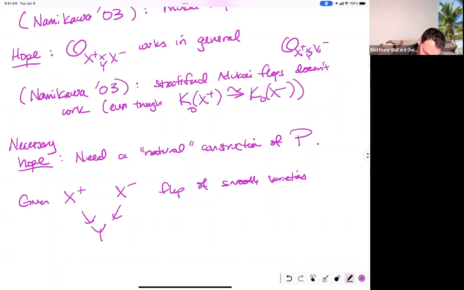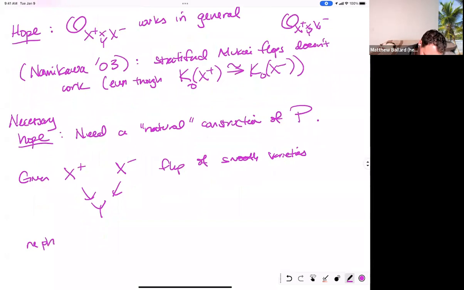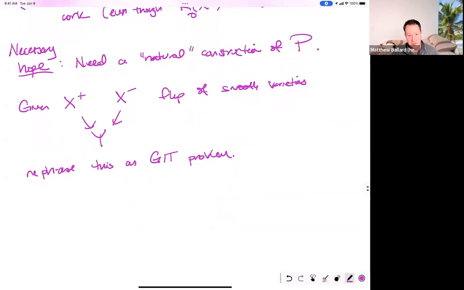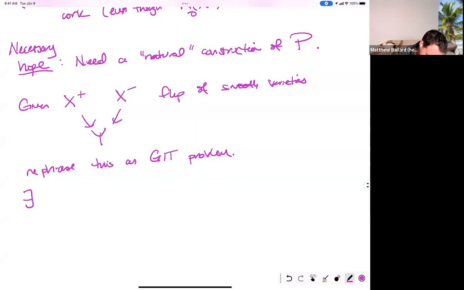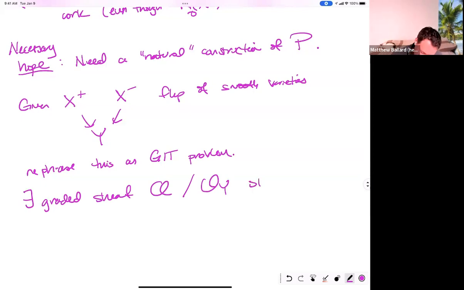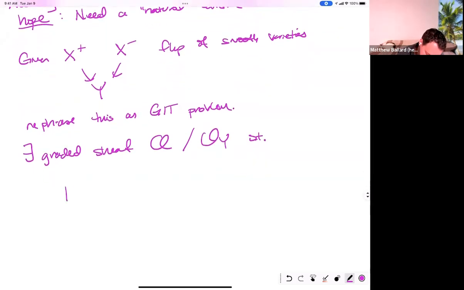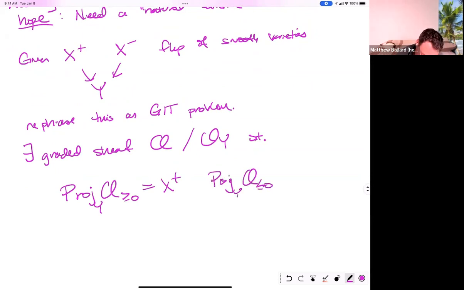Then we can rephrase everything as the output of a GIT problem. Meaning there exists a graded sheaf of algebras over Y such that if I take the relative Proj construction of the positive piece, I get X plus. Take the relative Proj construction of the negative piece over Y, I get X minus.